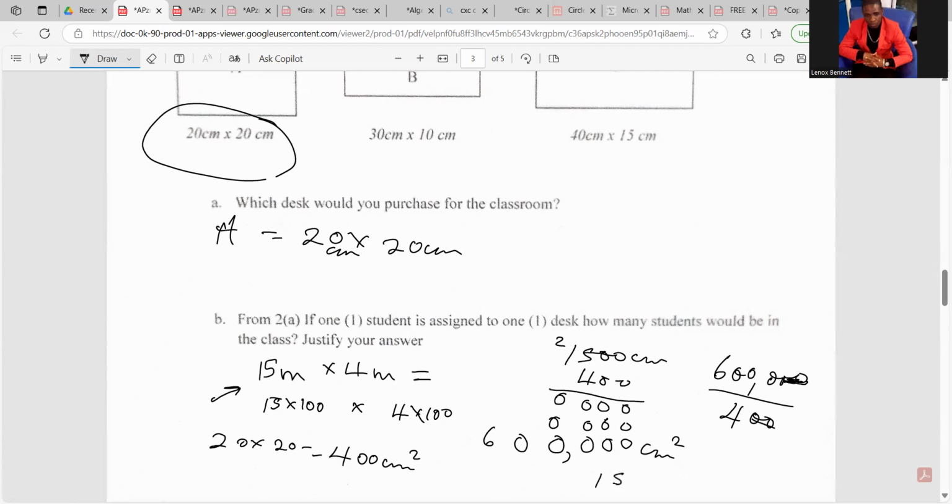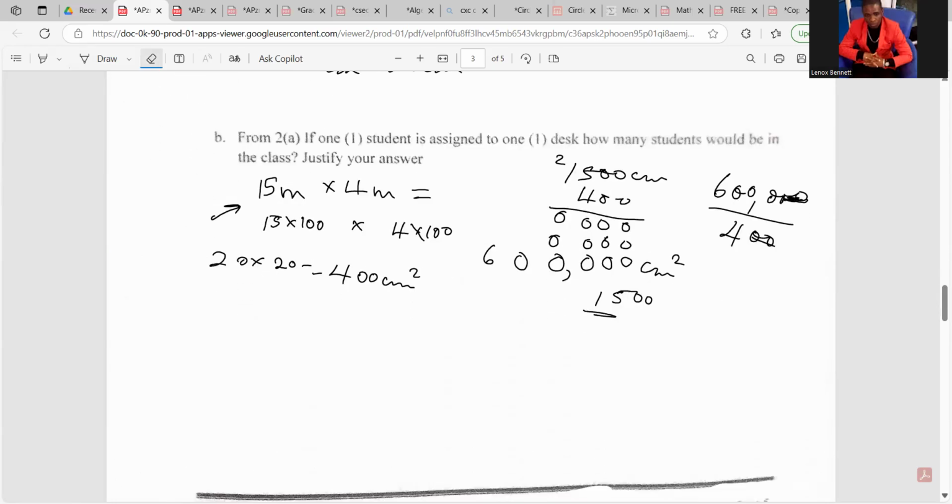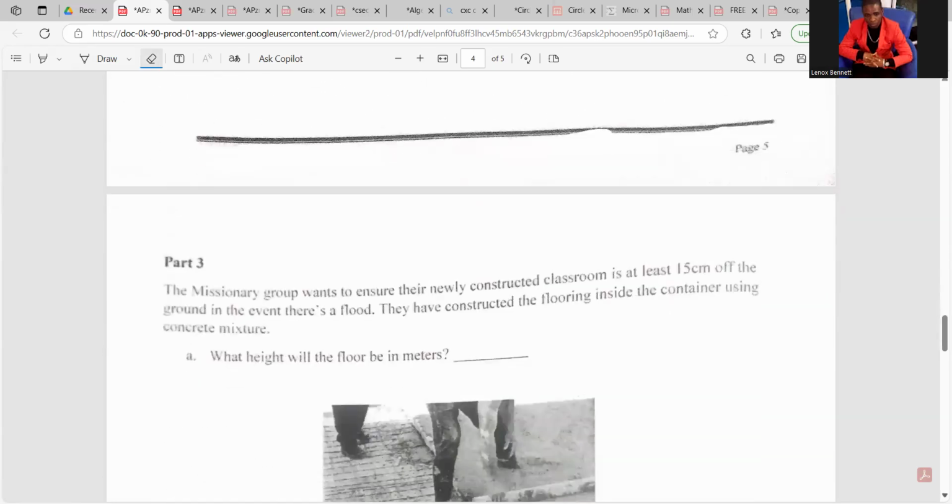So I think there's a little error with them. Nowhere can a 12-meter container hold so many students. There was a little error on the paper, a simple thing.